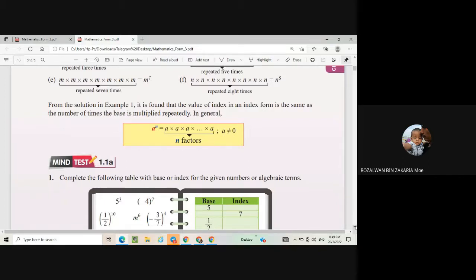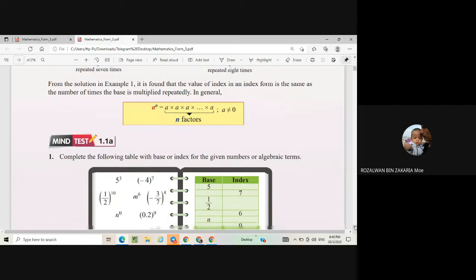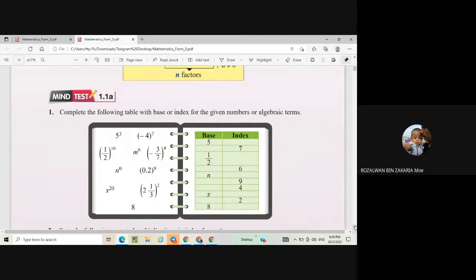For each exercise that I give to you, please write down the question, then after that, write down the solution there. After you finish the exercise, please snap a photo of your exercise with the answer and send it to me in the Telegram, Math Class 3 Aristotle.